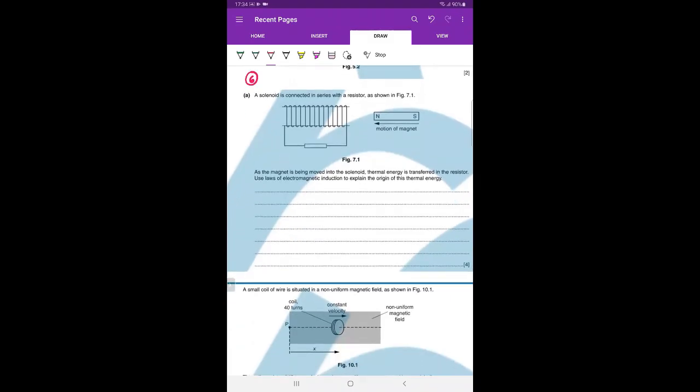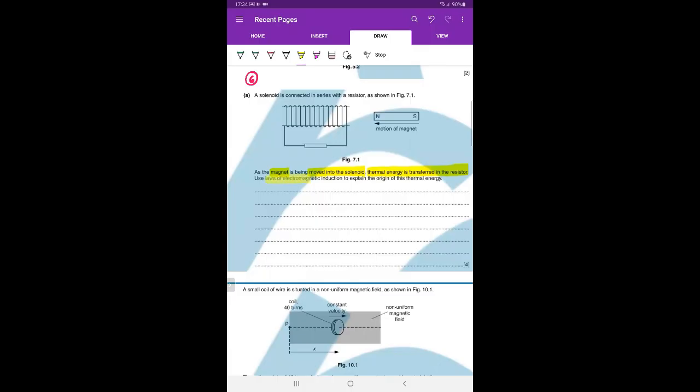So in the question it says, a solenoid is connected in series with a resistor as shown. ठीक है, so solenoid connected to a resistor. As the magnet is being moved into the solenoid, heat energy is transferred in the resistor.